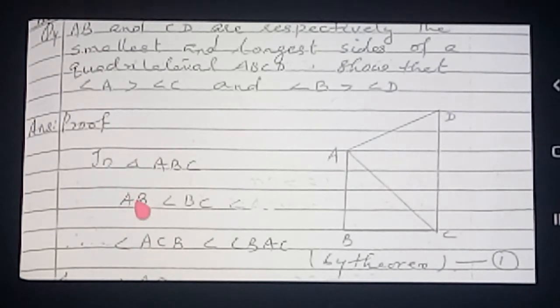So the angle opposite to AB, in triangle ABC, is angle C. So how to name this angle? ACB. Listen here. So ACB is smaller than, which is the angle opposite to BC?